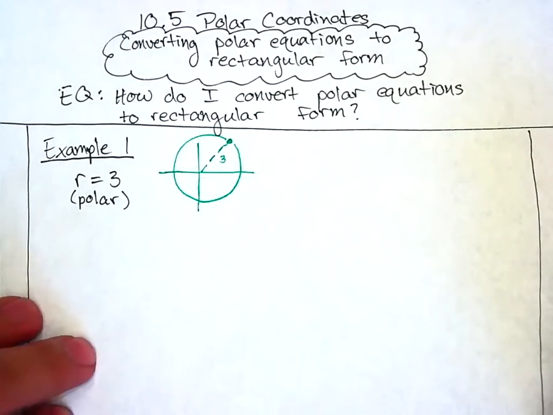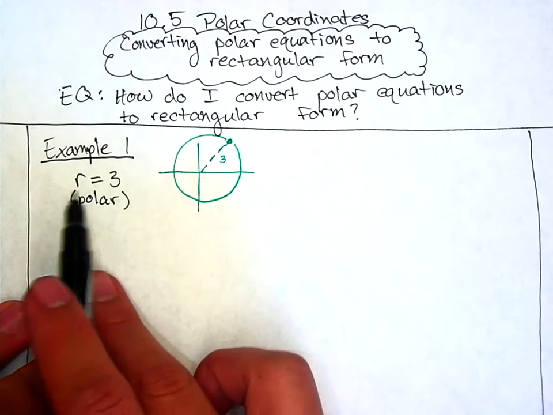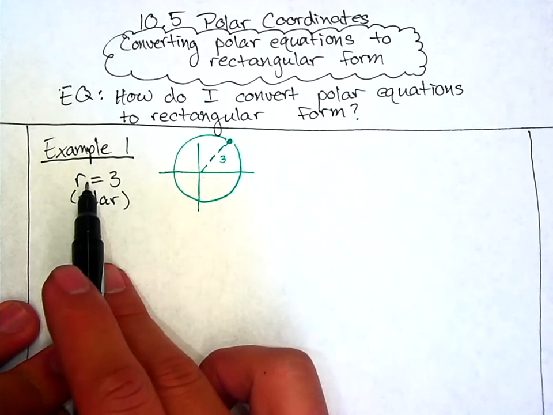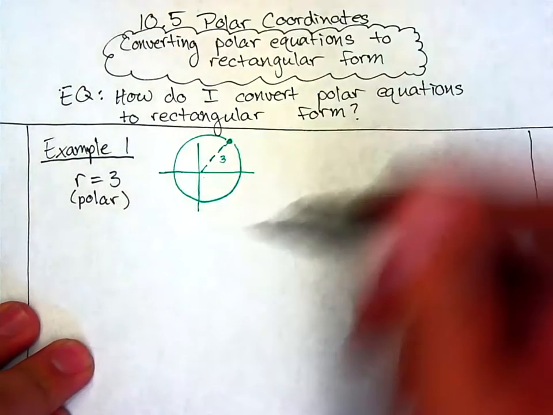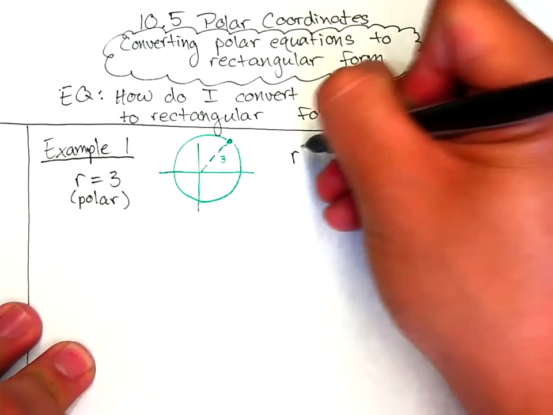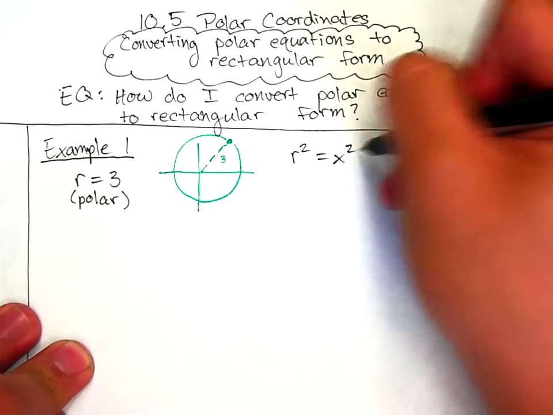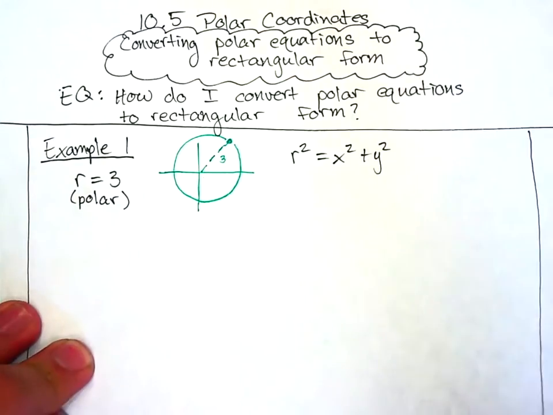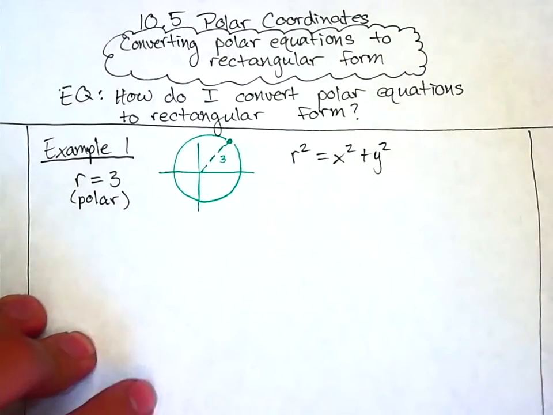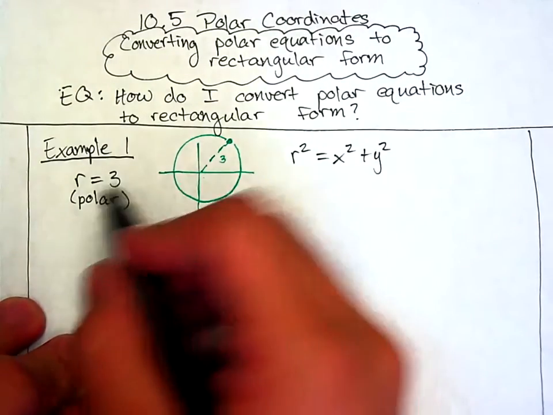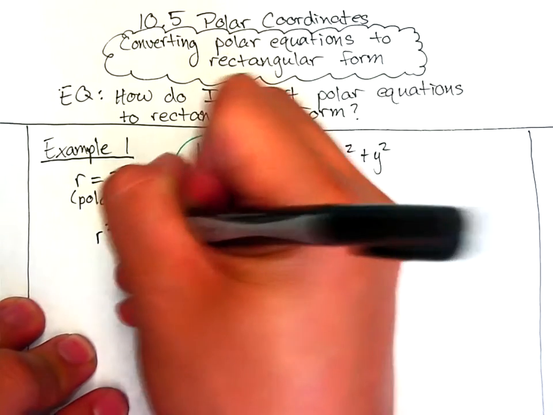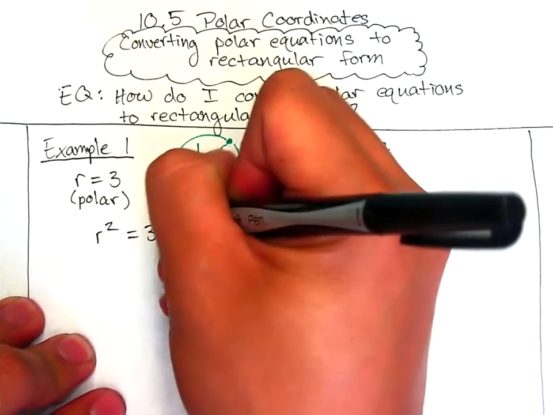Okay? So the way we're going to do this is actually to square both sides. How do I know that? Because yesterday we learned this one, r squared equals x squared plus y squared. And that's going to be a very useful conversion method. So I'm going to square both sides. I end up getting r squared equals 3 squared.